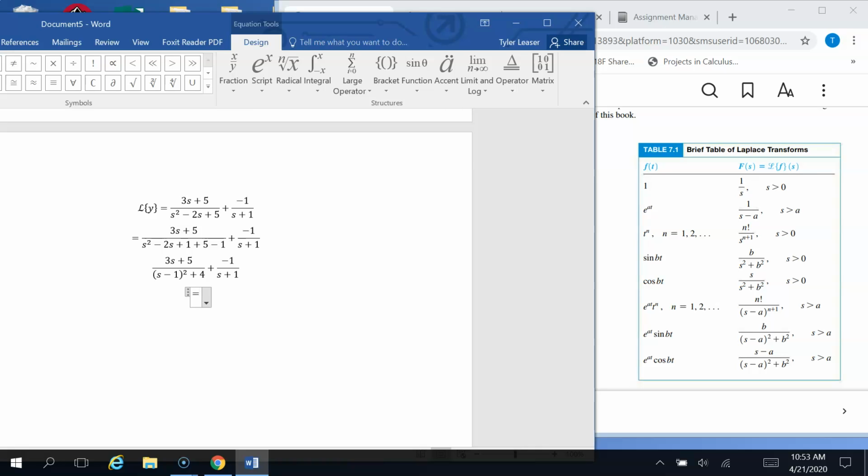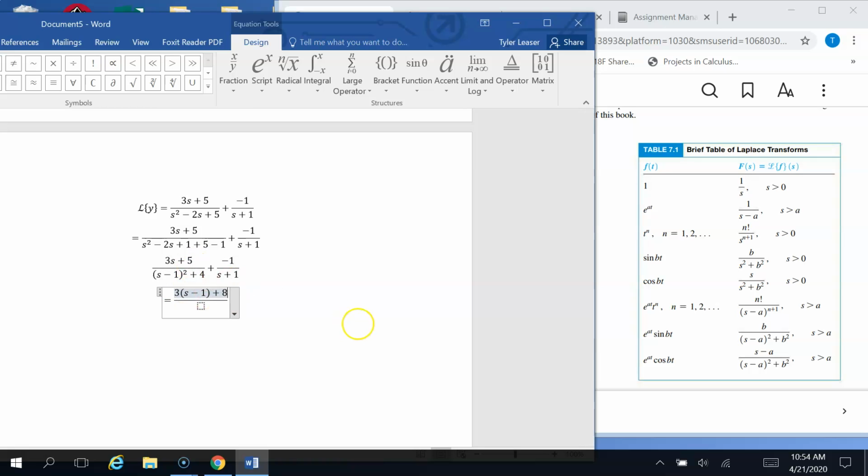Let's do this. So I'm noticing that I have to have an s minus a in one of the numerators. So I'll break it up this way. Instead of 3s plus 5, I'm going to write that as this: 3 times s minus 1. So basically I just pulled a negative 3 out of the 5.